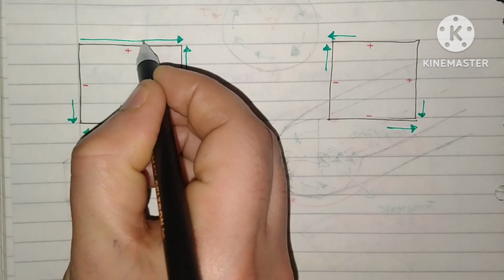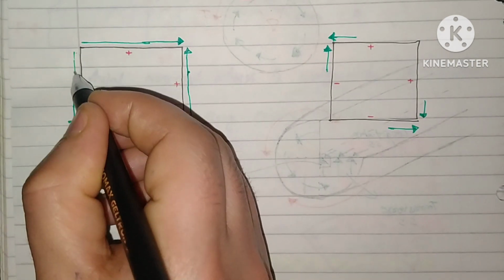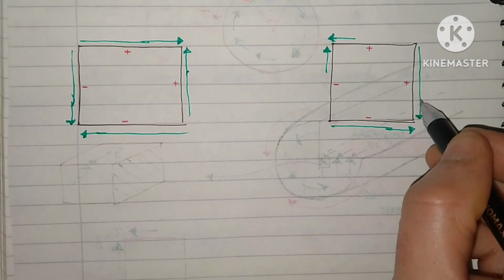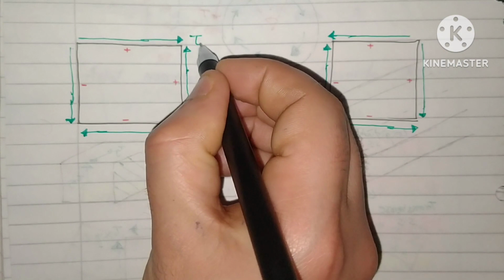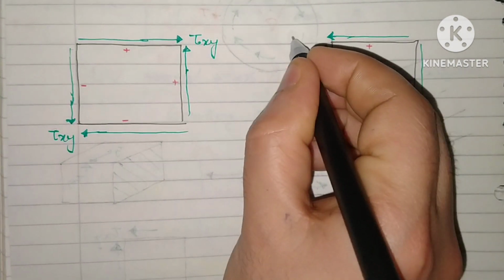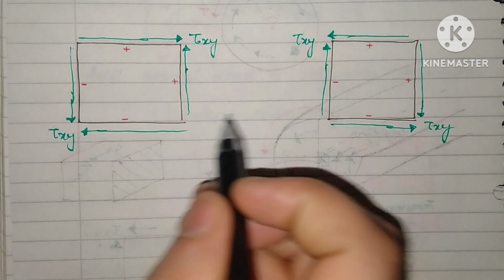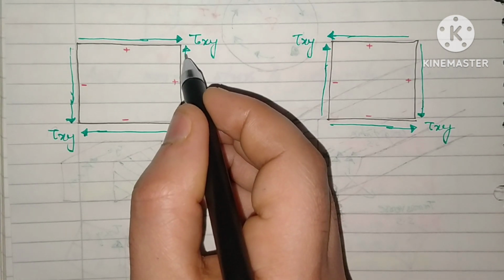It is tau xy, and it will also be tau xy. This is the positive face, and the shear stress is acting in the positive direction.